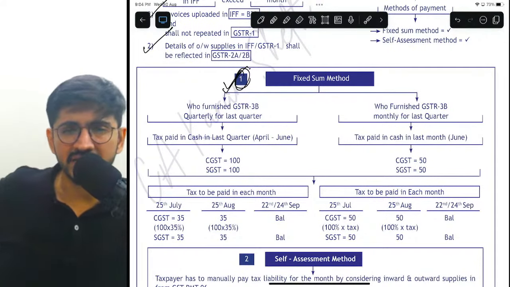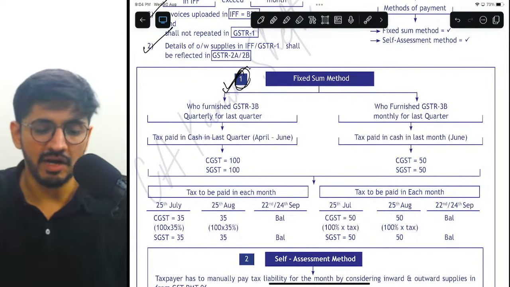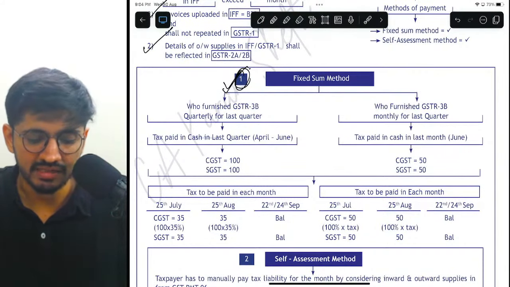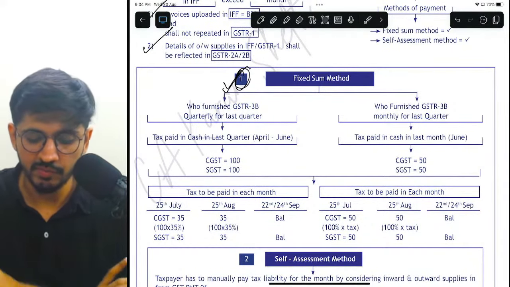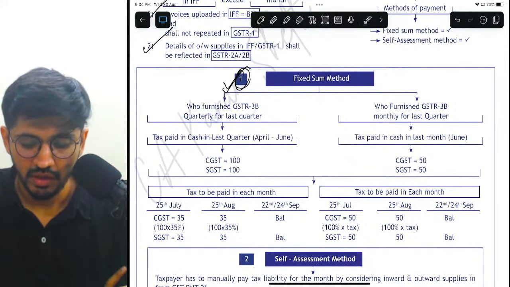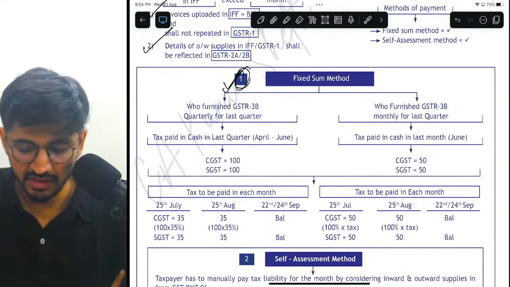Not more, not less. And the basic thing is very simple, my dear friends: it is on the basis of a percentage, right?